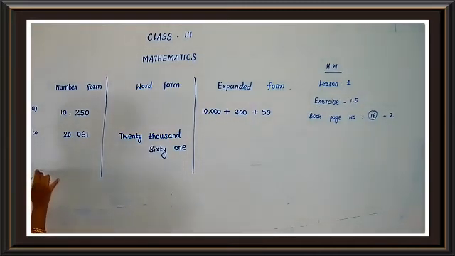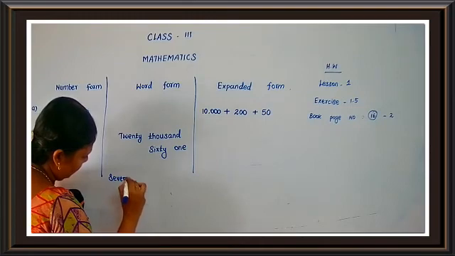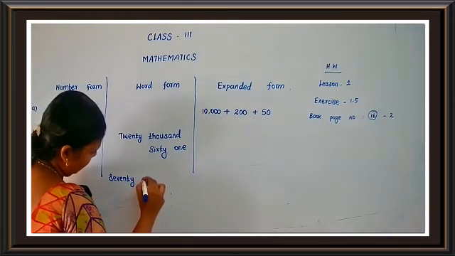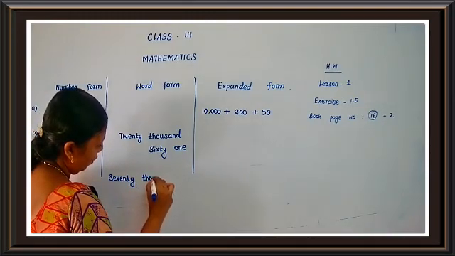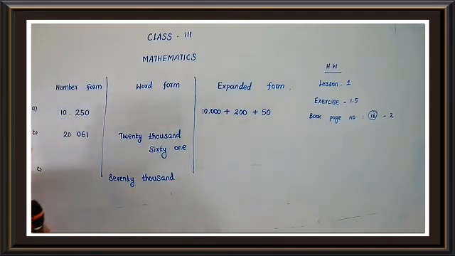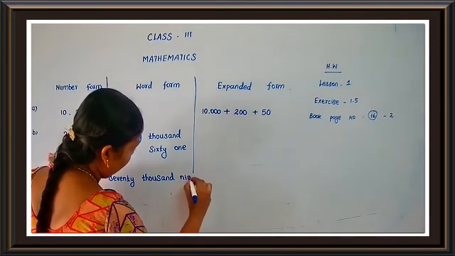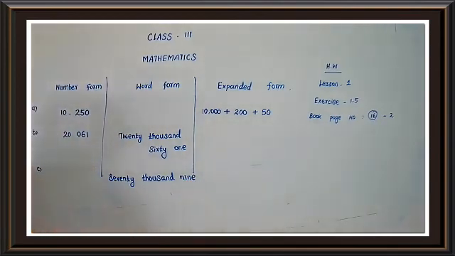First we want to write the word form. Seventy, 70, thousand, 70,000, nine, 70,009.